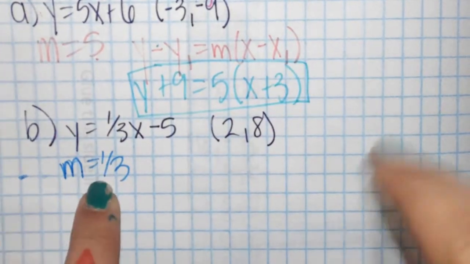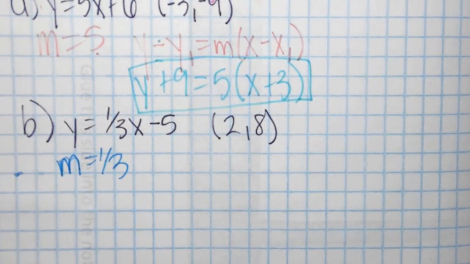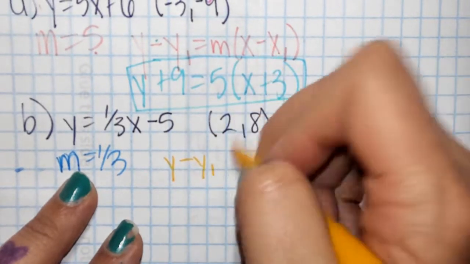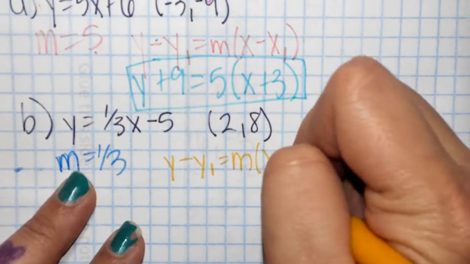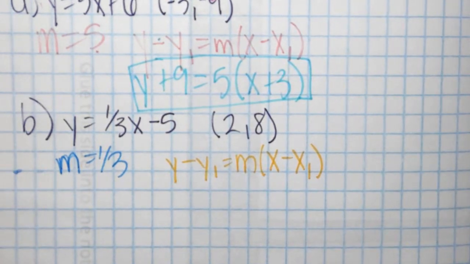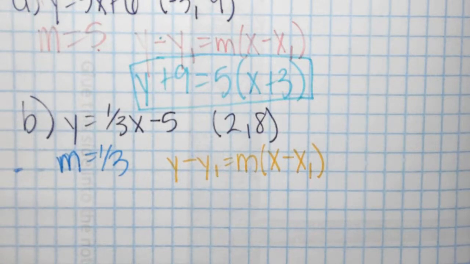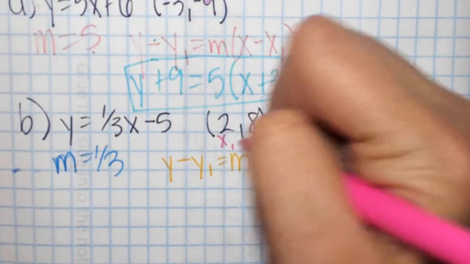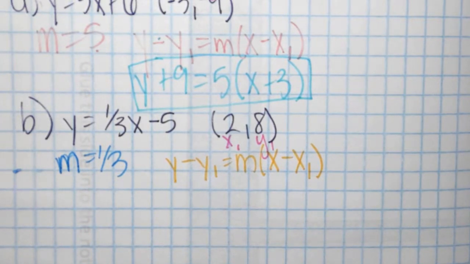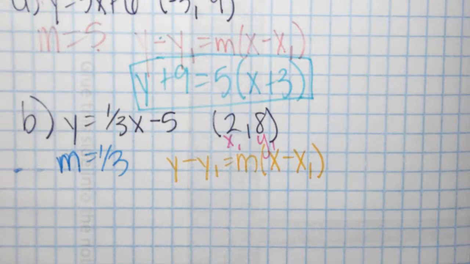Now we have a slope, we have a point. What form do we write it in? Point slope form, which is y minus y1 equals m times x minus x1. Now, should I label my point? Yes, every time. x1, y1. So how am I going to write my new equation? I'll give everybody a minute. I'll pause.